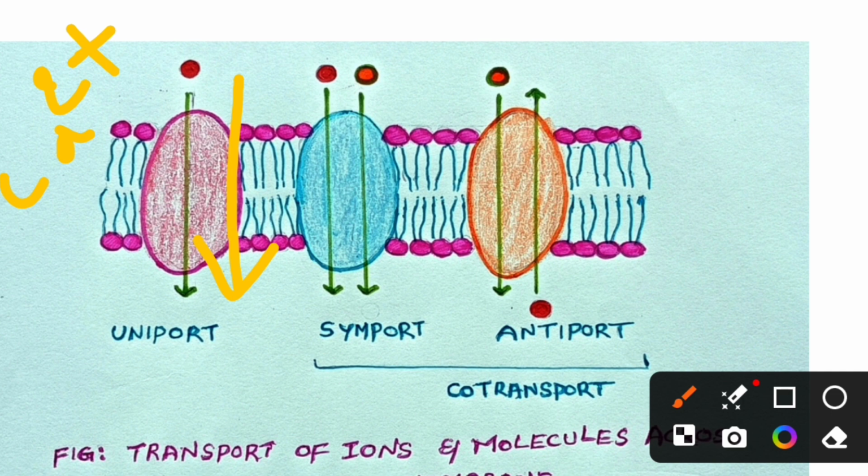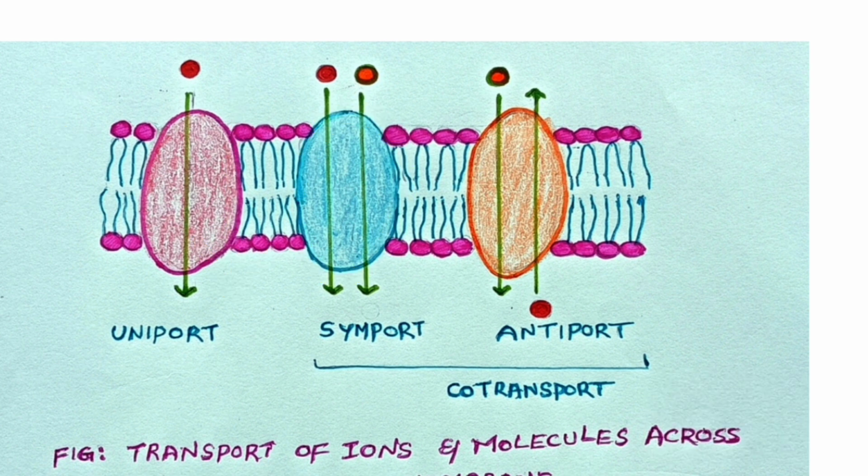Let's see the second one. Look at the second protein, the Symport type of protein. Symport is the transport of two substances by one protein at a time in the same direction.